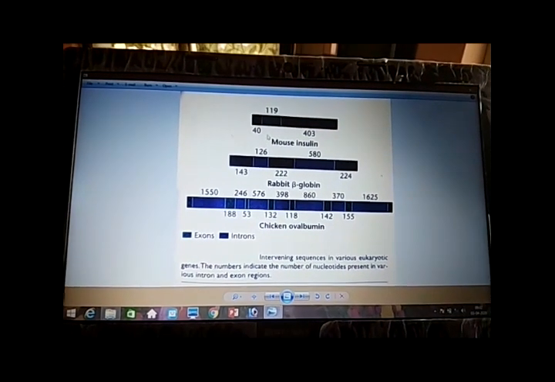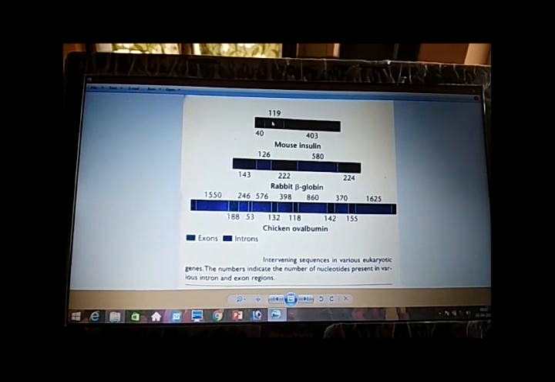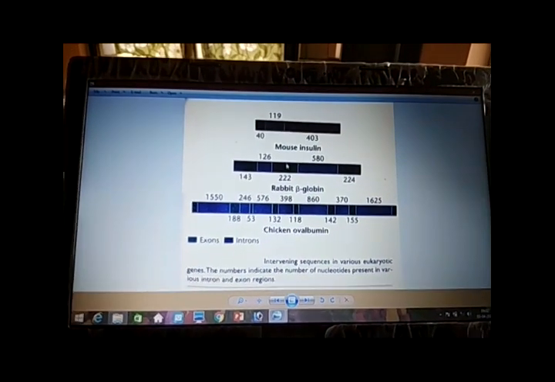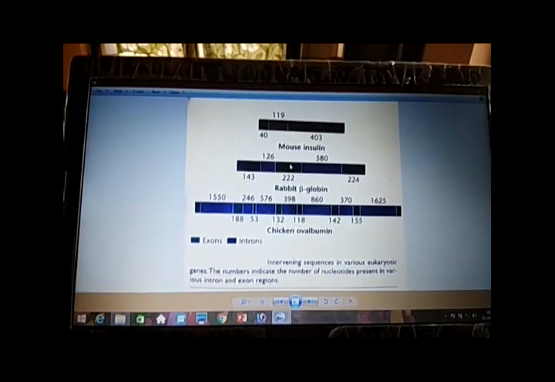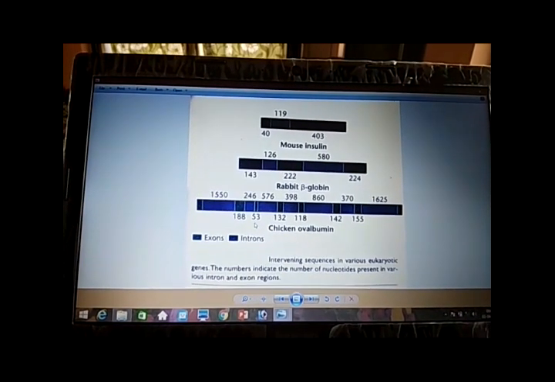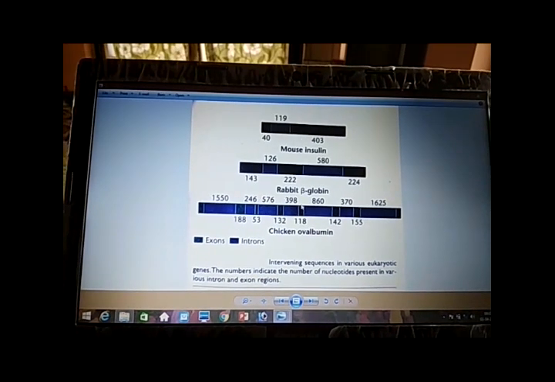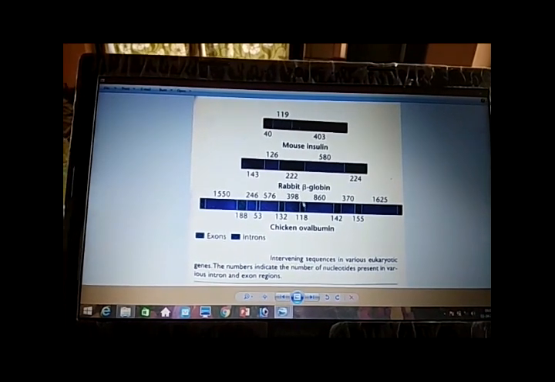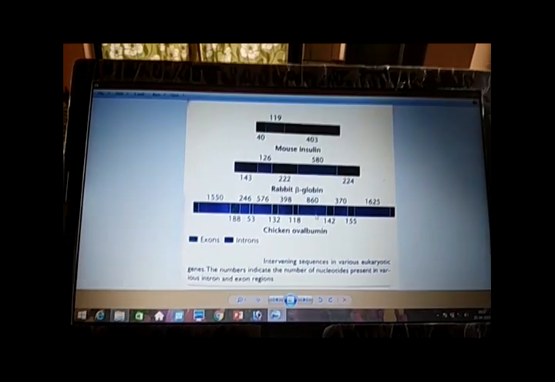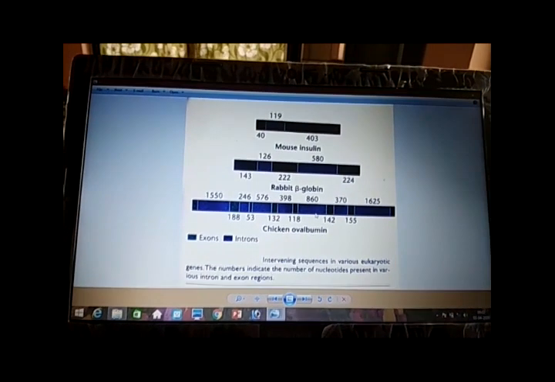As you can see, the number of nucleotides present in introns and exons varies considerably in different organisms. Next slide.